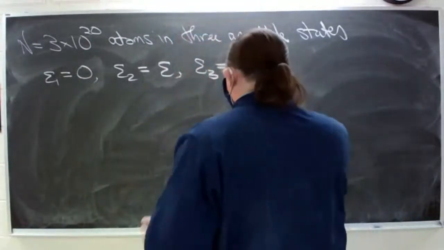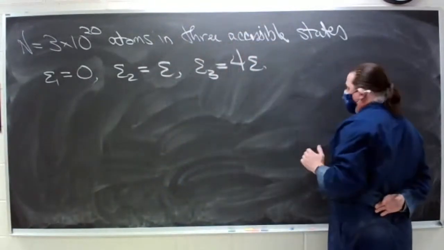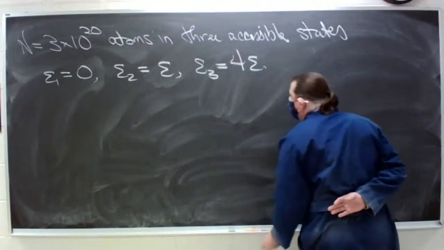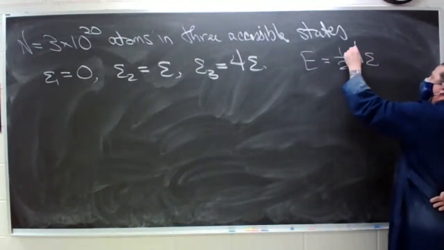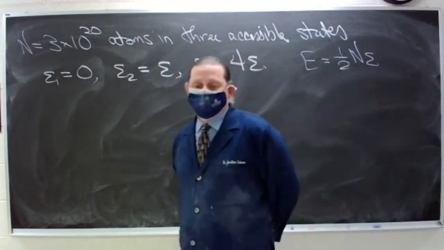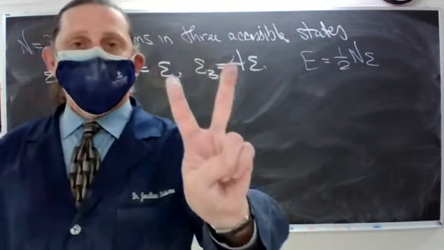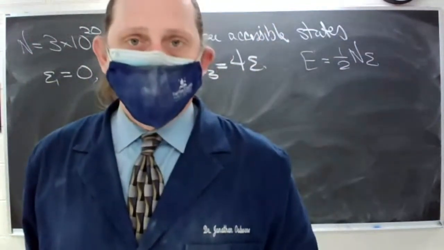So we've got these atoms in 3 accessible states, and we have a total energy (1/2) capital N epsilon. So I've got 2 constraints. I only have 3 unknowns.